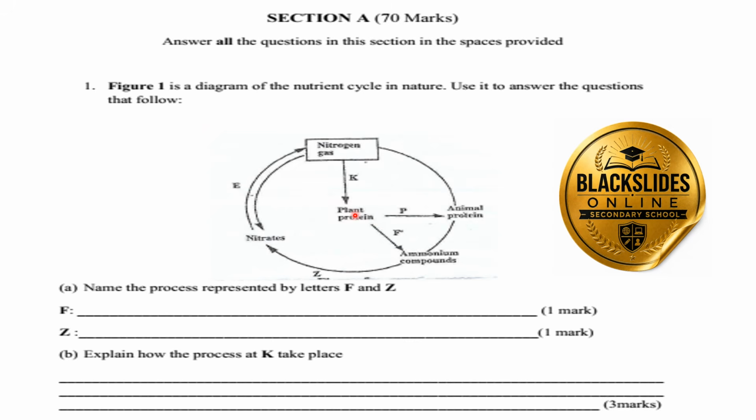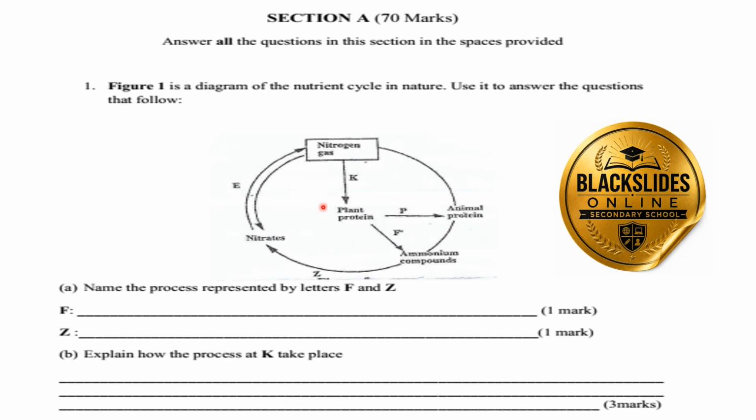So when the plants shed off leaves, they die, and when the animals produce waste, they also die. The process F is going to take place. F is called ammonification. So bacteria and fungi are decomposers.